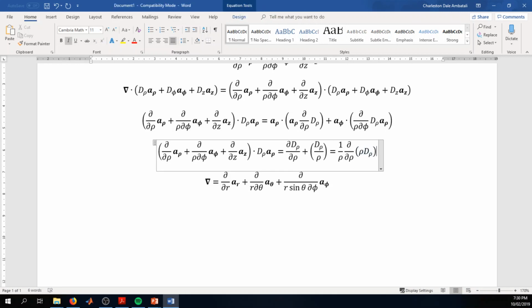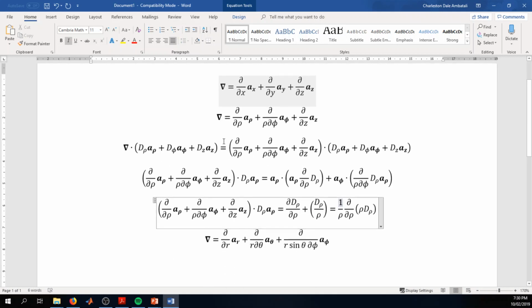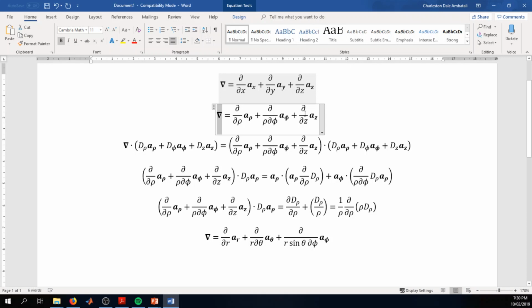And this is the rho component of your cylindrical divergence. The rho component of your cylindrical divergence. So if we do that with all terms, we get the divergence in cylindrical coordinates. That is how we express this del in terms of cylindrical coordinates. You can do the same in spherical coordinates, so I'll leave it at that.